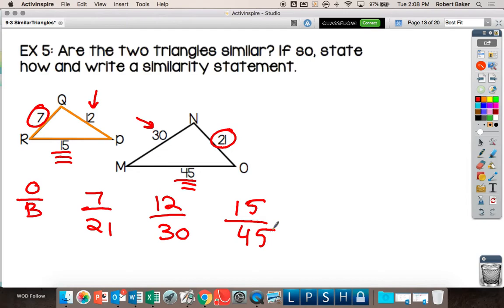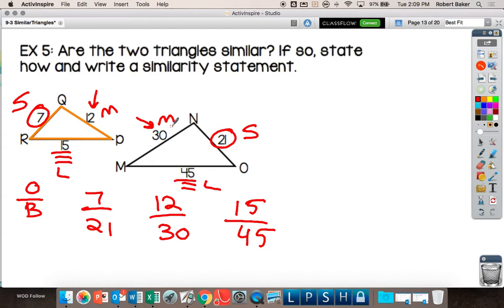What if you didn't catch that they were reflected? What's a way you can never screw this up? Well, the smallest number over the smallest number, the largest number over the largest number, and the medium-sized number over the medium-sized number. It should always be small over small, medium over medium, large over large.